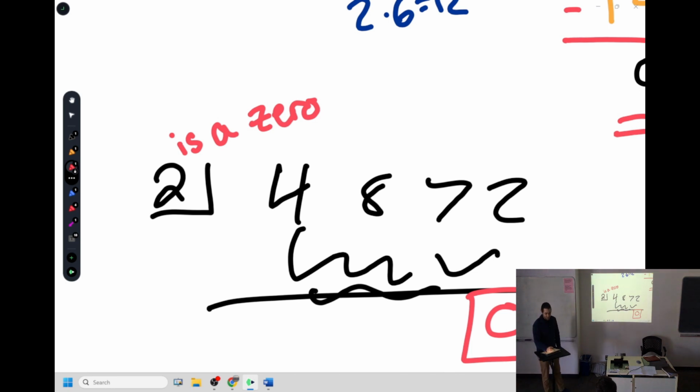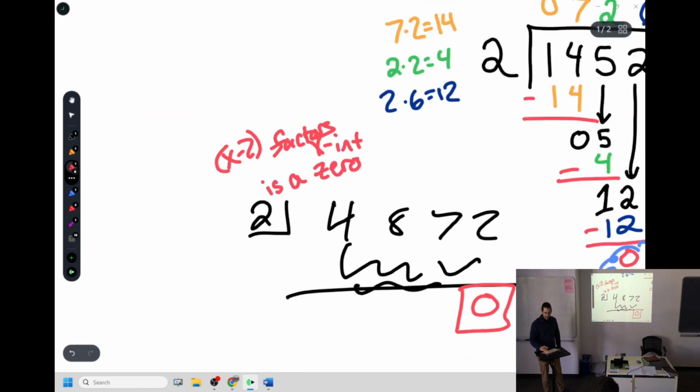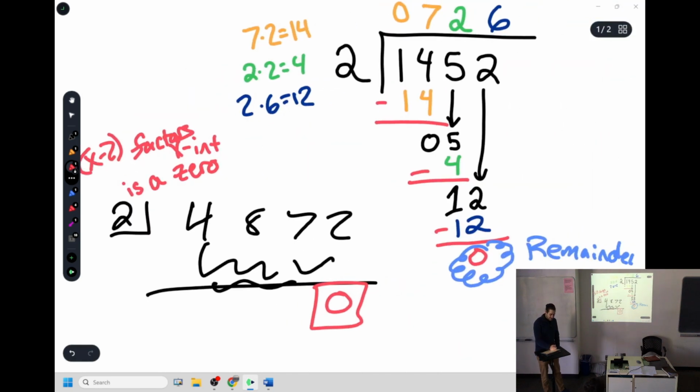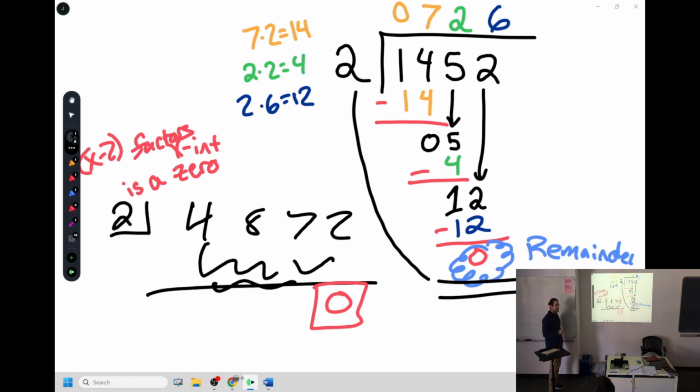Okay, yes, true. And factors, right? Now the factor here is actually x minus 2, right? But I've never connected these dots before. If you get a 0 as a remainder right here, what does that tell you about 2? This is really cool. This is the first time I connected this dot. It's not a 0 because we don't have zeros anymore, right? But it's one of those words that we just talked about.